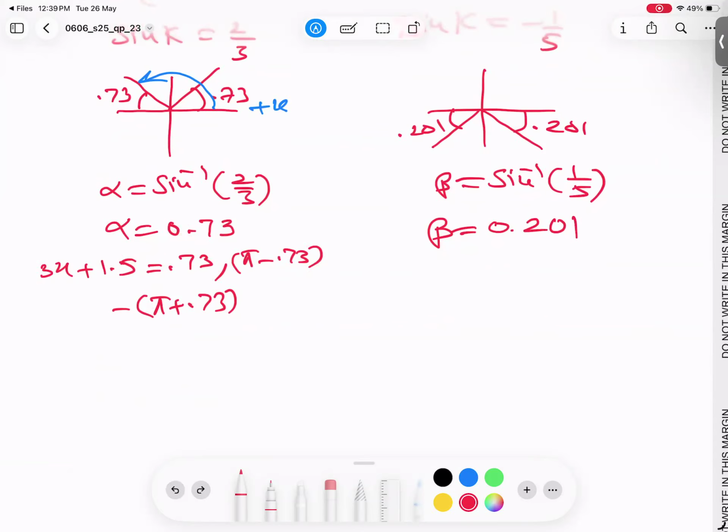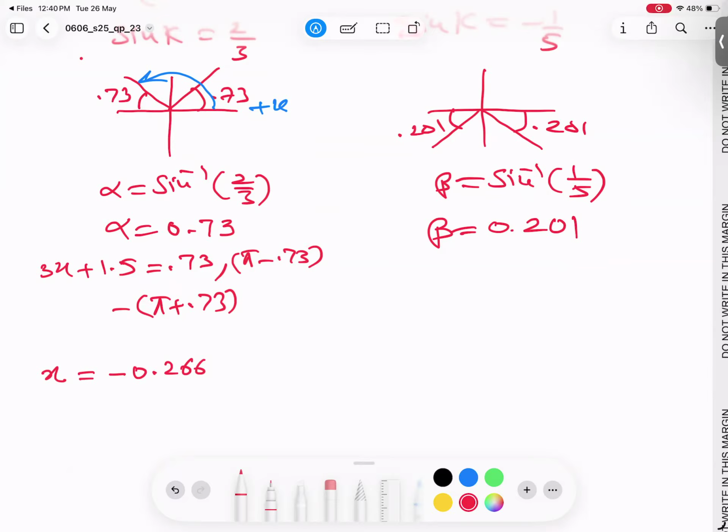Number one: 0.73 minus 1.5 and divided by 3. My answer number one is coming negative 0.266. Okay, this is done.